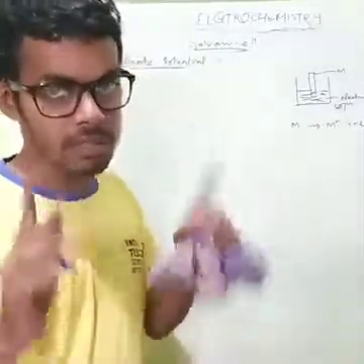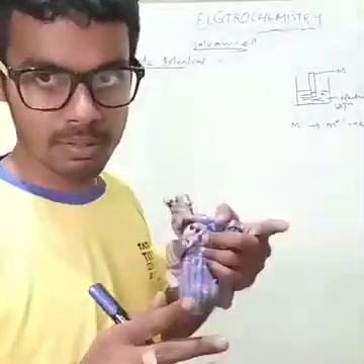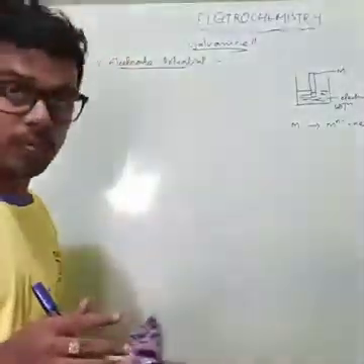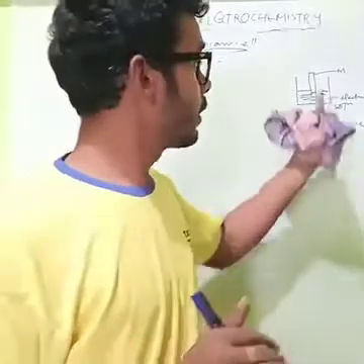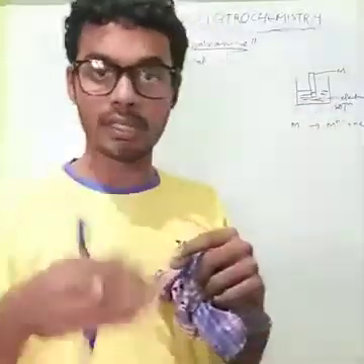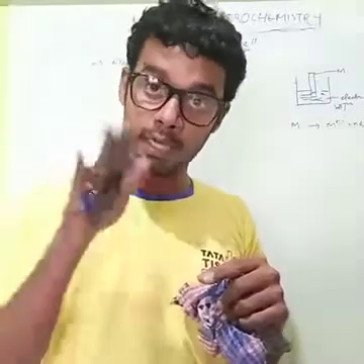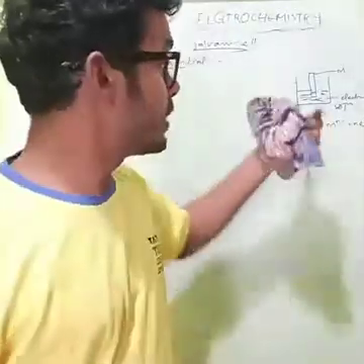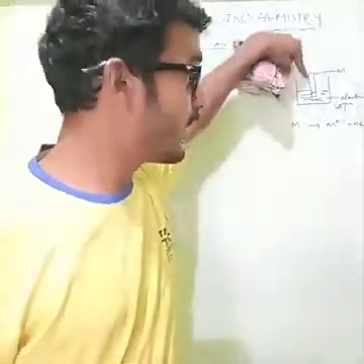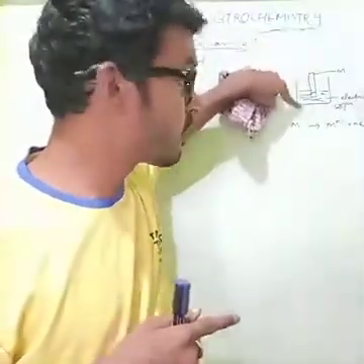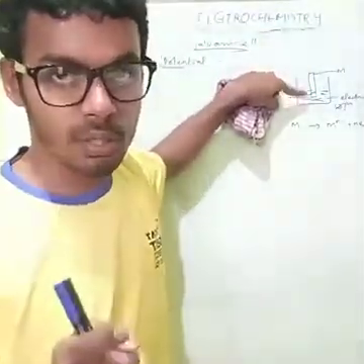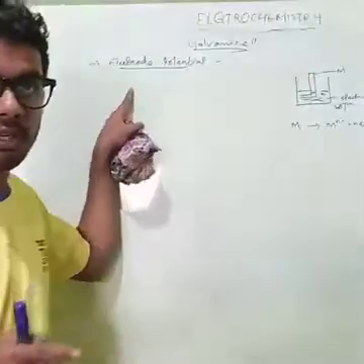So there will always be a difference. At equilibrium, when the oxidation is stopped, the potential difference between this electrode and the electrolytic solution is known as electrode potential.